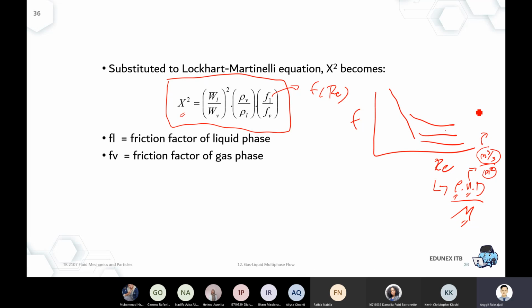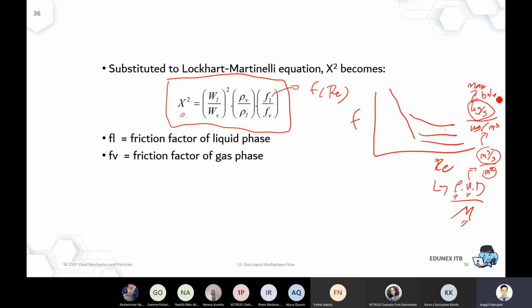Because the same part is the mass rate. So to get the linear velocity, you come from the volumetric rate per surface area, but the volumetric rate at liquid condition must be different from the volumetric rate at gas condition. Why? Because the same part is the mass rate, mass balance, mass conservation.